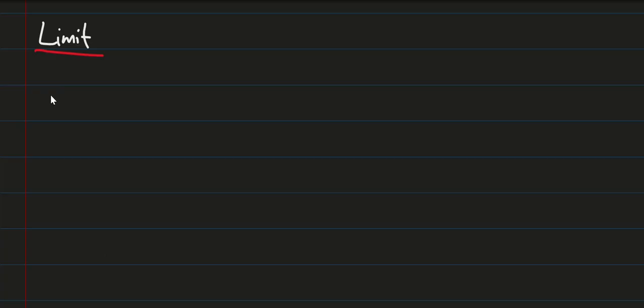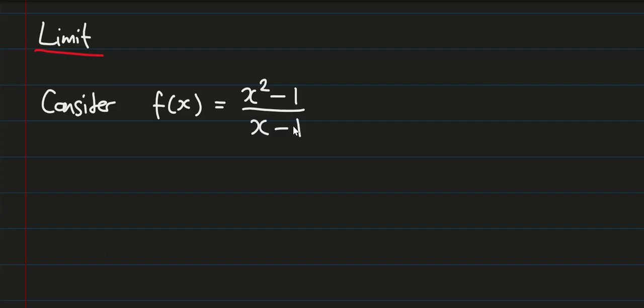First, let's start with limit. So what is limit itself? Consider a function f of x which equals x squared minus 1 divided by x minus 1. At this moment, what is the value of f of x when x approaches 1?